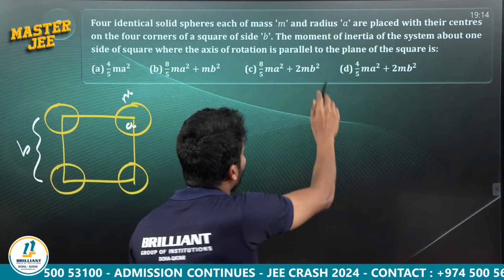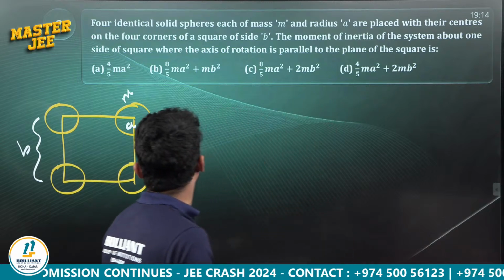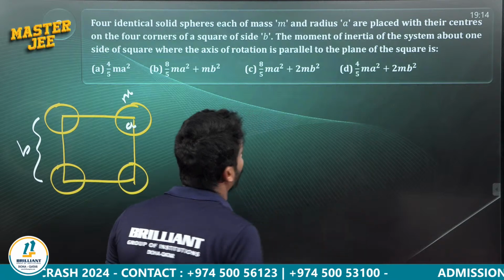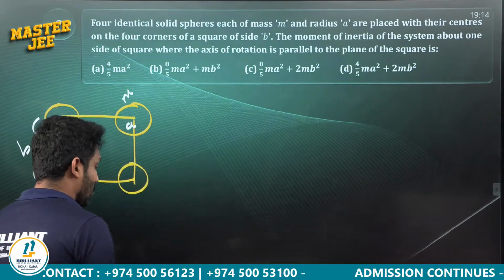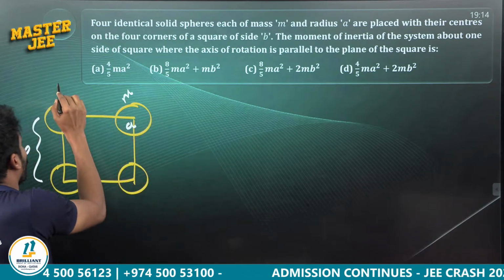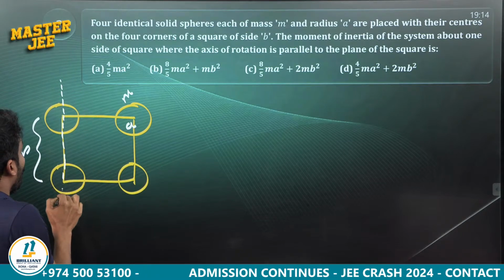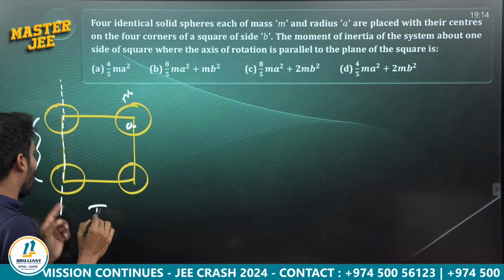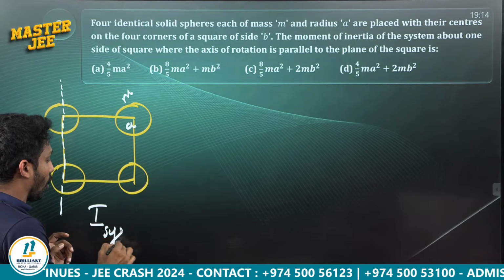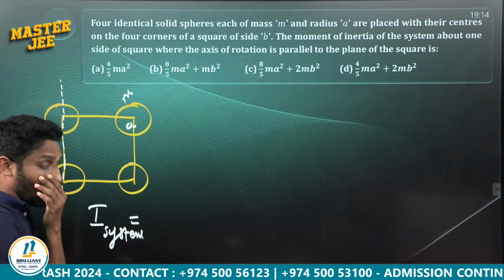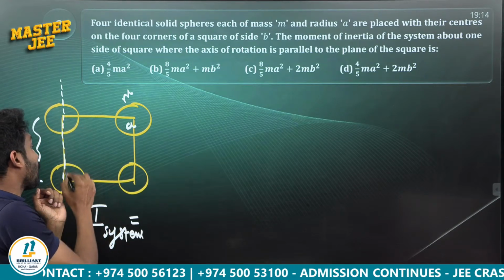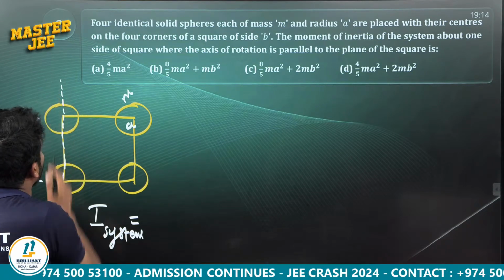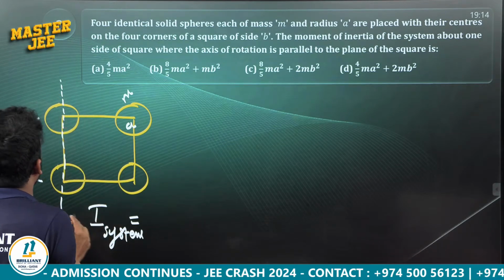The moment of inertia of the system about one side of the square, where the axis of rotation is parallel to the plane of the square, is asked. The moment of inertia of the system is the sum of these contributions. Consider these two spheres based on this axis.